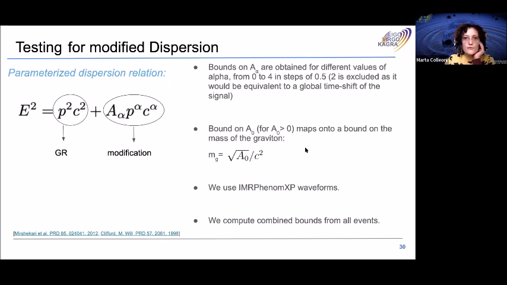As I said before, we model this as a dephasing, which we add on top of IMRPhenomXP waveforms. And then again, as we do for many tests, we compute combined bounds from several events also taken from past analysis.